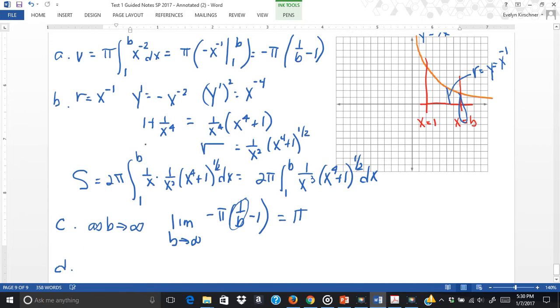Okay, then it says to show that the surface area goes to infinity. So inside the radical I have x to the 4th plus 1 to the 1/2 over x cubed.